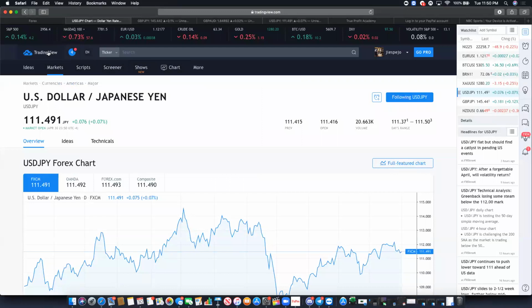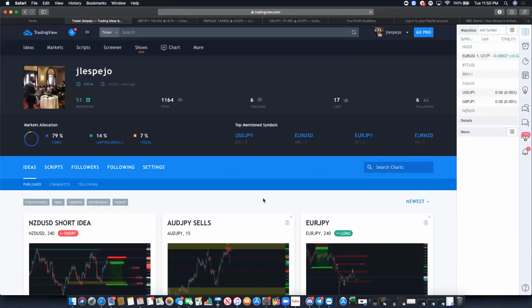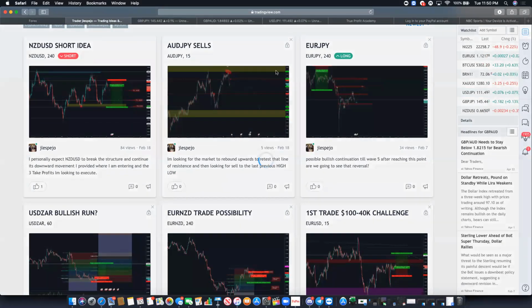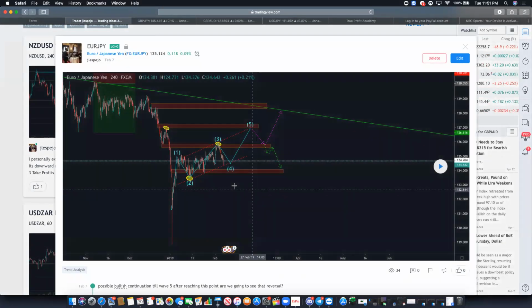I'll give you guys an example I did here with Euro JPY. So here's Euro JPY. I did my Elliott wave based off this initial move to the upside, right? Is wave number one.